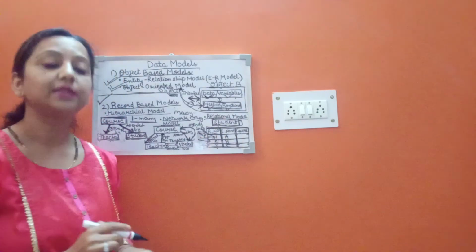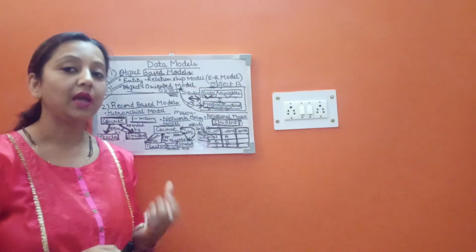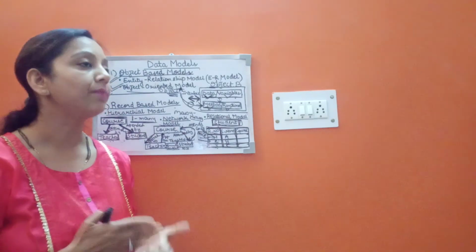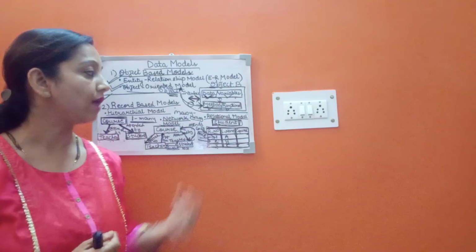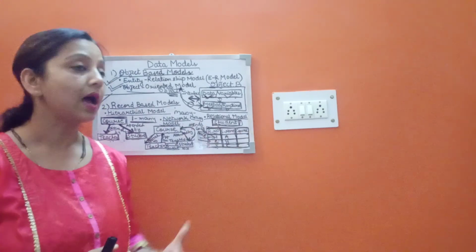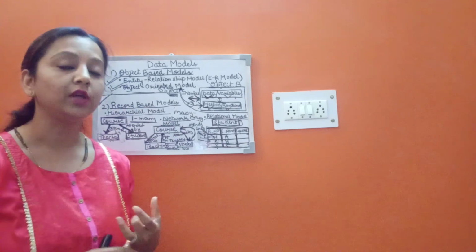Similarly, we may create several other relations. Like for faculty, we may have a separate relation. Say in a banking database, if we take an example, we may have a customer relation to store the details of a customer. We may have an account relation to store the details of the accounts.